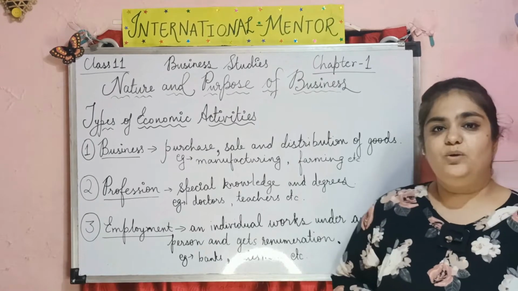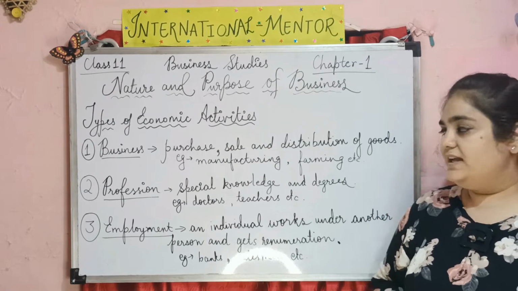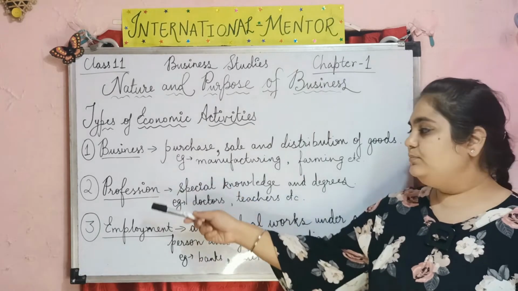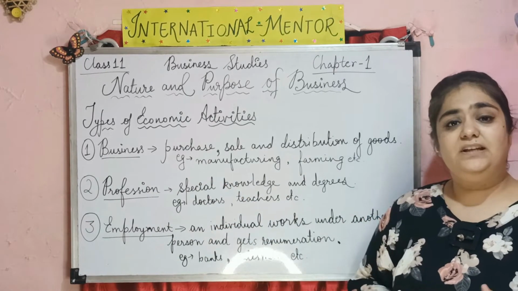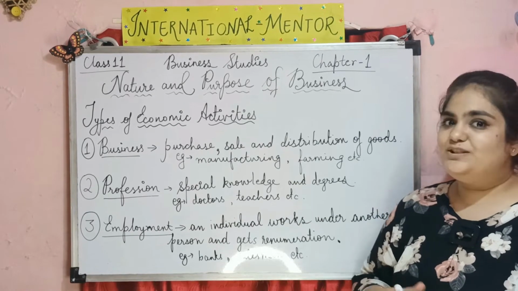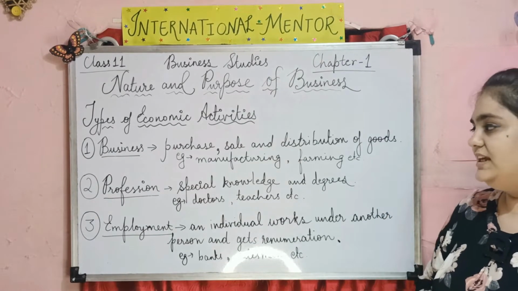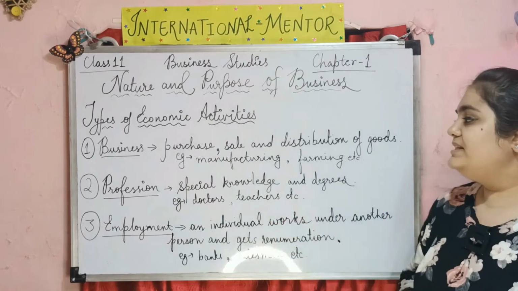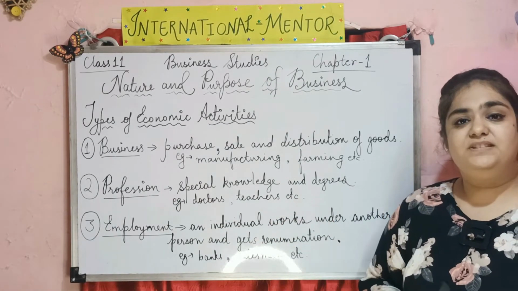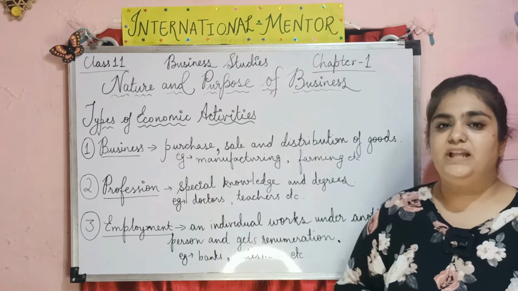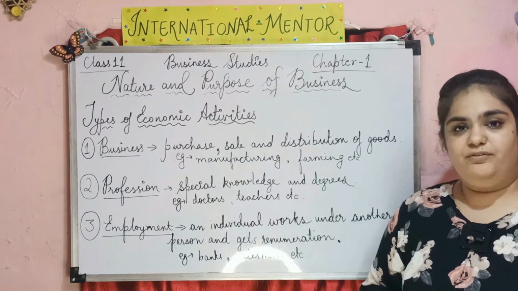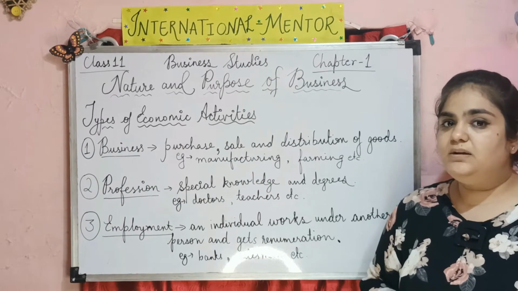So these are now divided into three main parts, which are business, profession and employment. And by these activities we can create our wealth. So let's look at how we can create our wealth through these. Business. Business is undertaken for the sale, purchase and distribution of goods so that we can earn profit after taking a certain amount of risk.